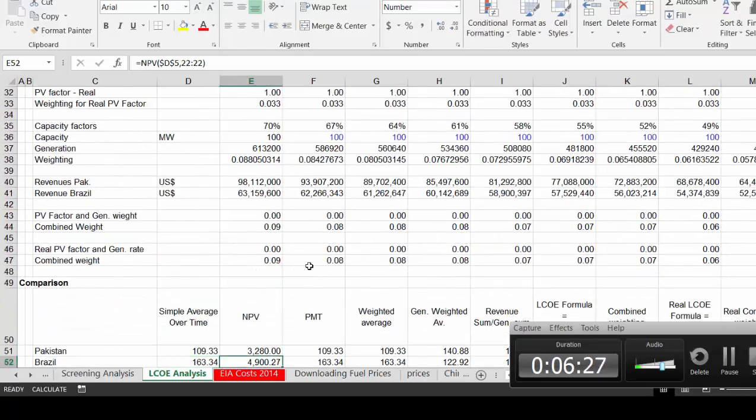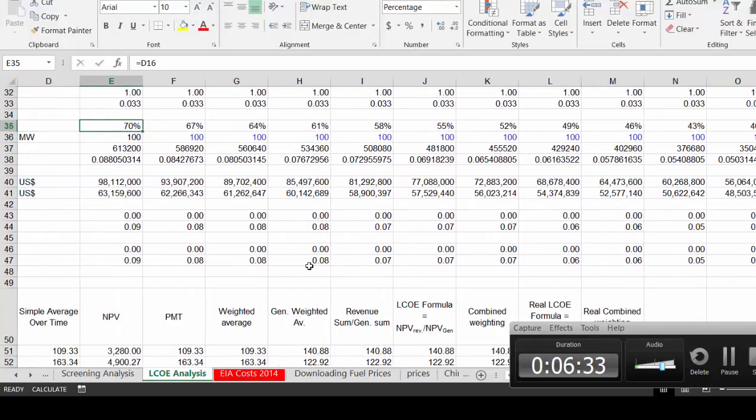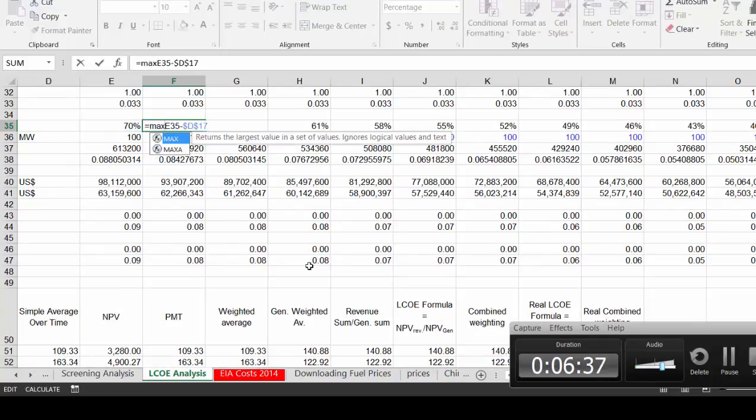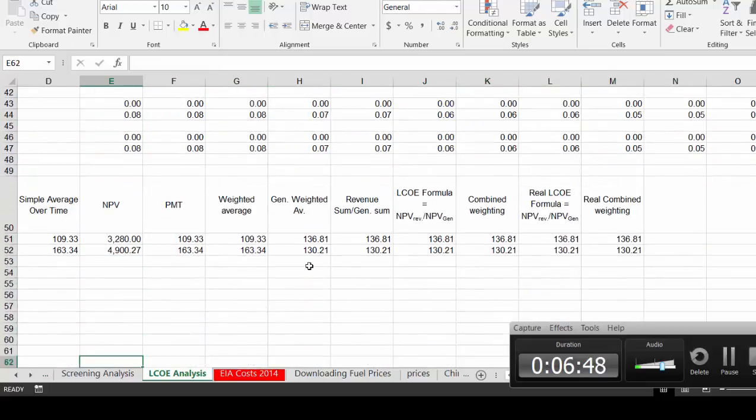So now our capacity. Oops. We better put a minimum around here, and a maximum, of course. This 0. Okay, so when we do that, I just press Shift Control R.